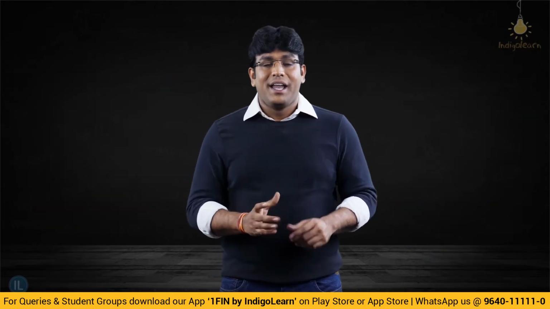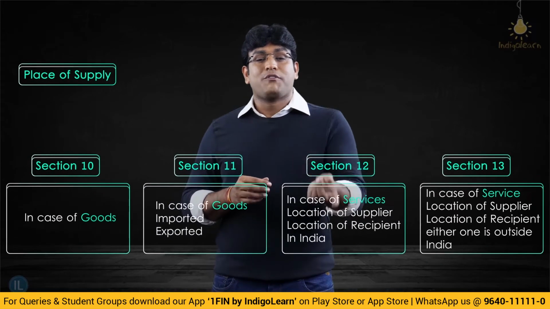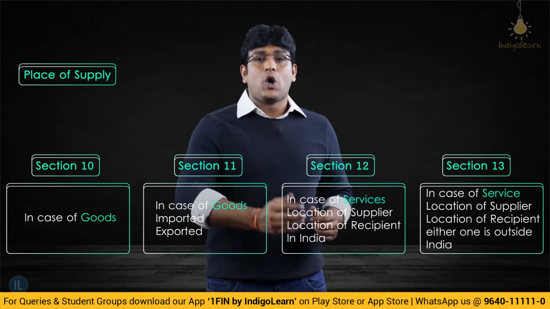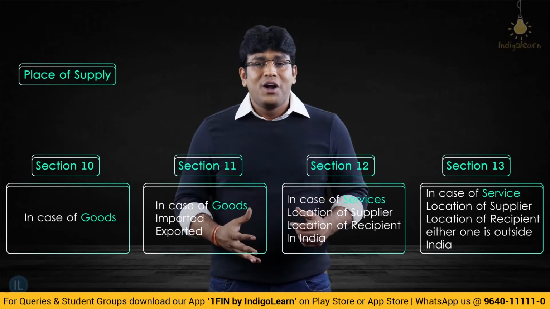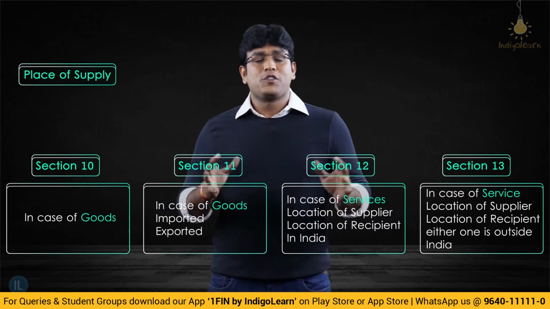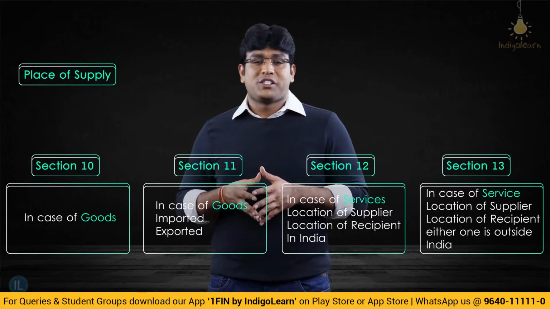And please understand, in Section 12 we have 14 subsections, and in Section 13 we have 13 subsections. Long way to go. Services will take a lot of time, but of course, my dear friends, goods will not take much time for us.